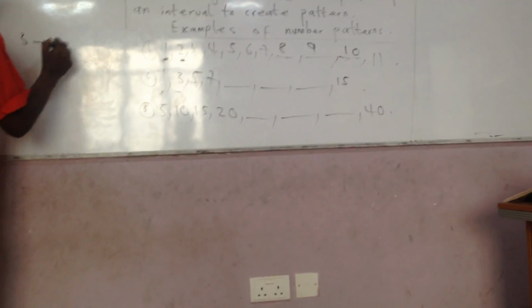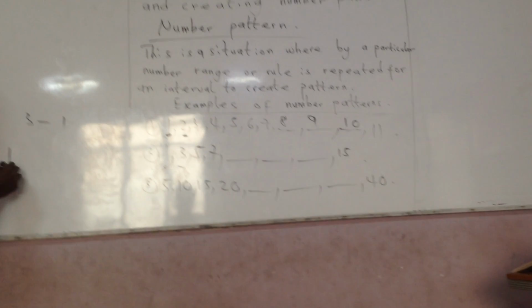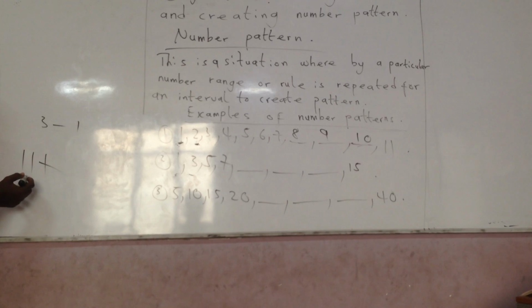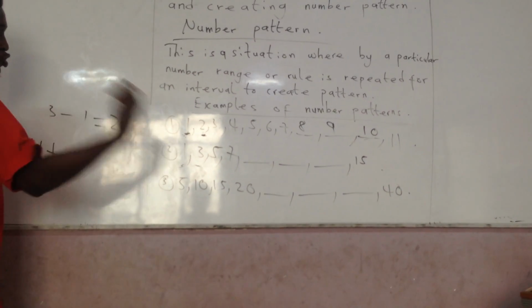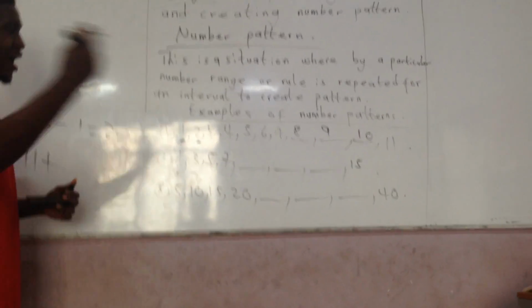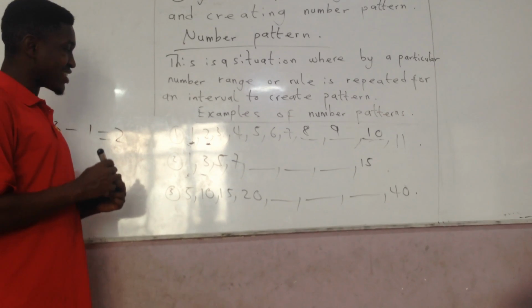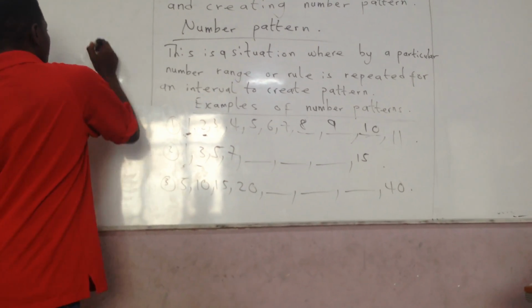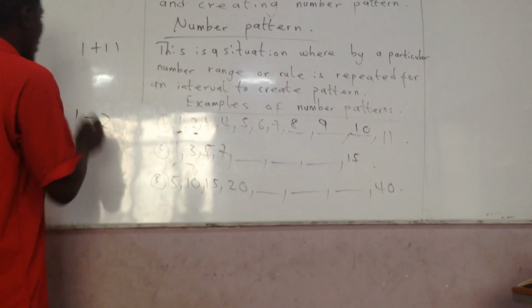So 3 minus 1 is left with 2. So the rule is 2. We are going to add 2 to all the answers that we get. So 1 plus 2 is going to give us 3. We have 3, right?